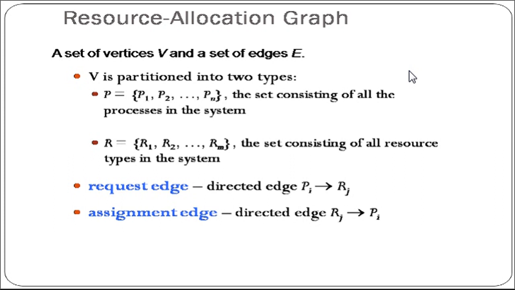Now there is the set of edges. The edge set is again partitioned into two sets: the directed edge from process to resource, called the request edge, and the assignment edge, which is directed from resource to the process.